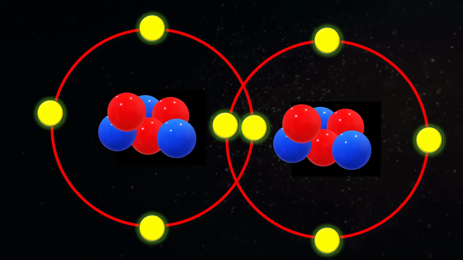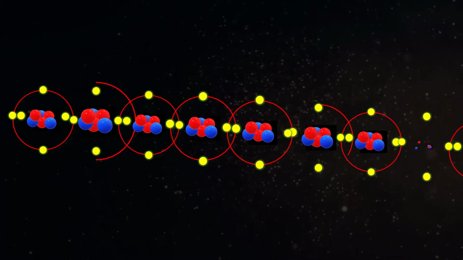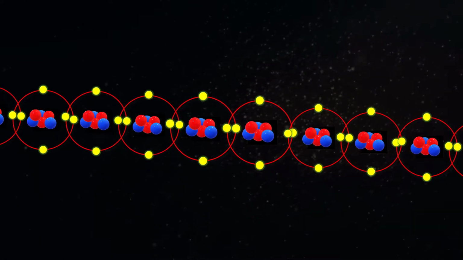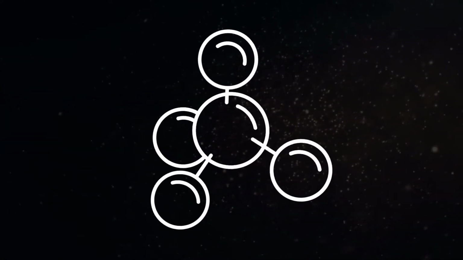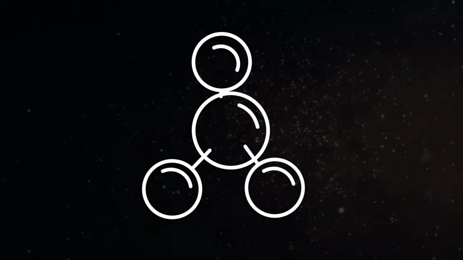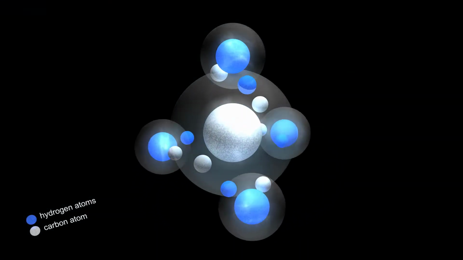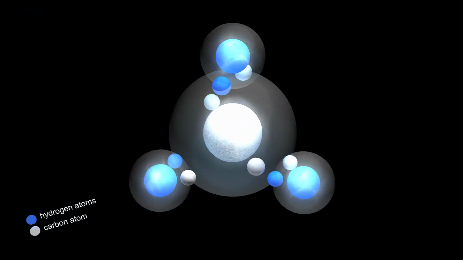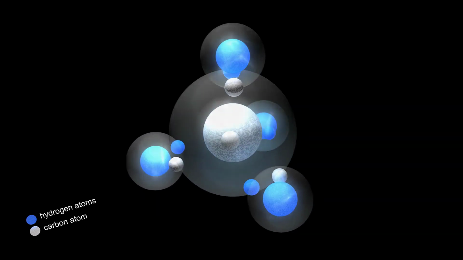Commonly, carbon atoms share with other carbon atoms, often forming a long carbon chain referred to as a carbon skeleton. When they do share, however, they do not share all of their electrons exclusively with one another. Rather, carbon atoms tend to share electrons with a variety of other elements, one of which is always hydrogen.